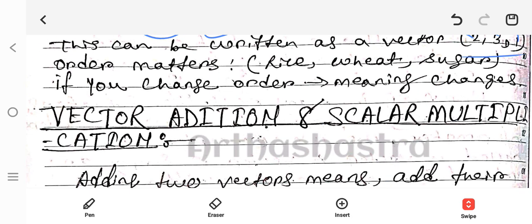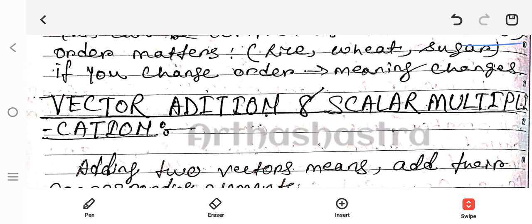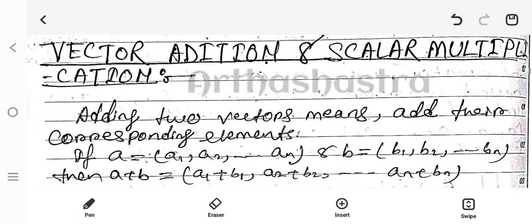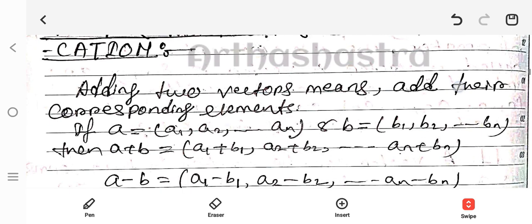Now let's see vector addition and scalar multiplication of vectors. Adding two vectors means just adding their corresponding elements. Here we have a vector A whose elements are a1, a2 up to an, and another vector B whose elements are b1, b2 dot dot bn.